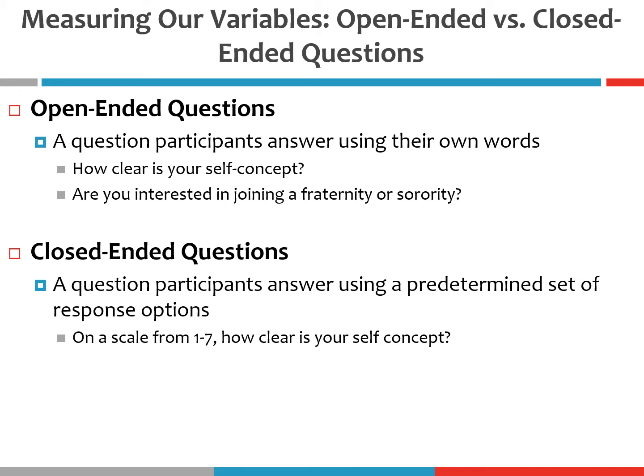So there are a lot of advantages to open-ended questions. One of the key advantages is that they give us more information, right? So because they allow our respondent to expand upon perhaps why they're interested in joining a fraternity or sorority, or talking about what their appraisal of who they are might be, right?